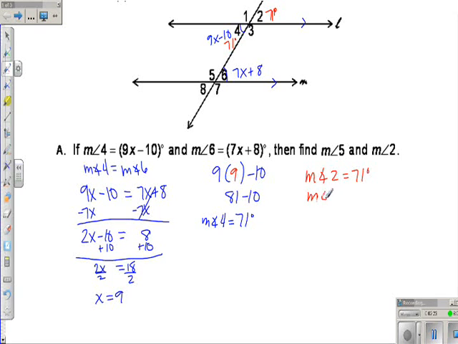The measure of angle 5, well, angle 5 is same side interior with angle 4, so they're supplementary, or it's a linear pair with angle 6, so they're supplementary. So I could say 180 minus 71, which would be 109, would be angle 5. So the measure of angle 5 is 109 degrees.